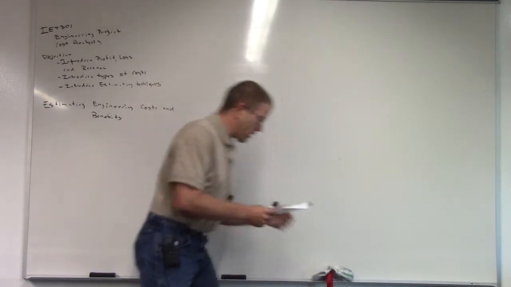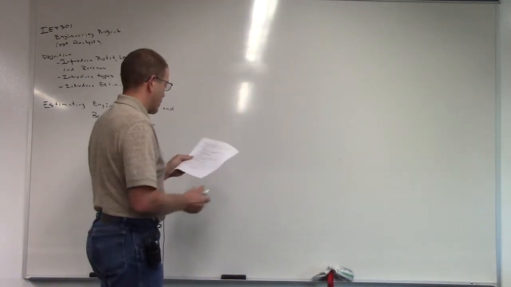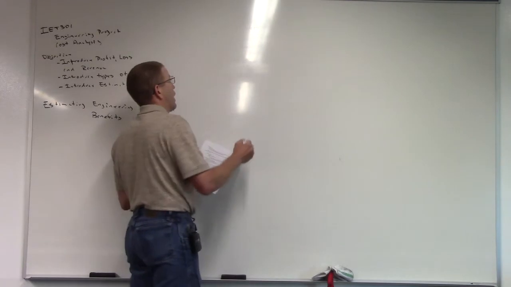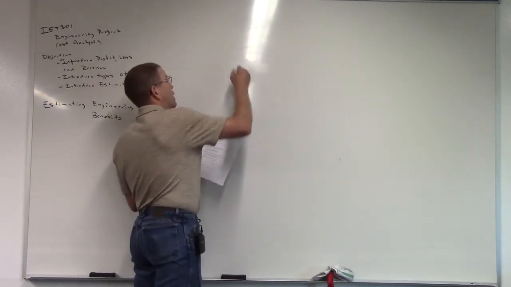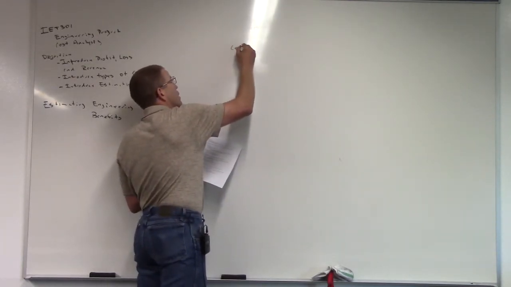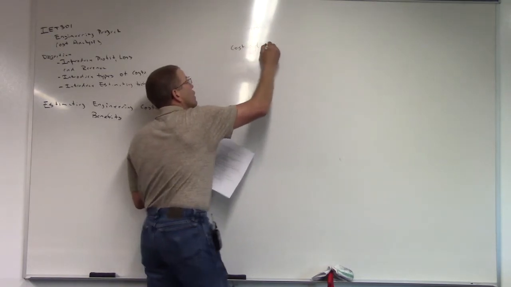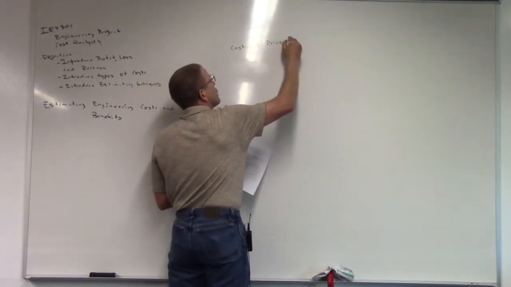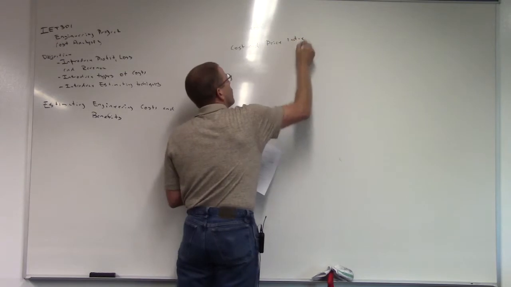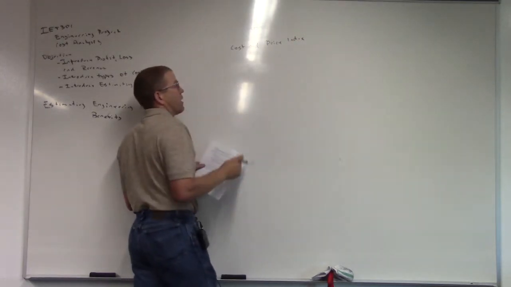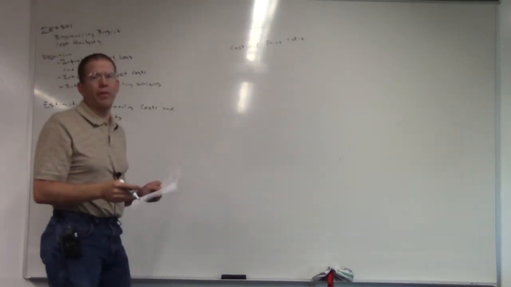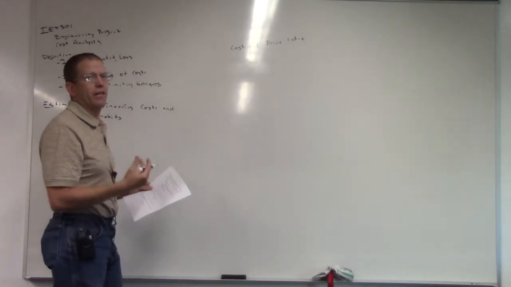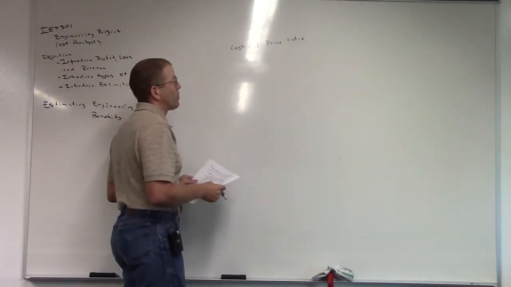Okay, after we talk about segmented costs, next thing we can do is look at cost and price index. What this does is it essentially allows us to use our proportional reasoning to determine the cost of a product at different times.